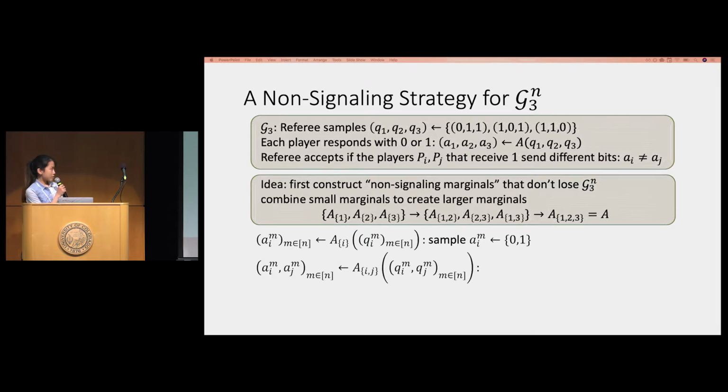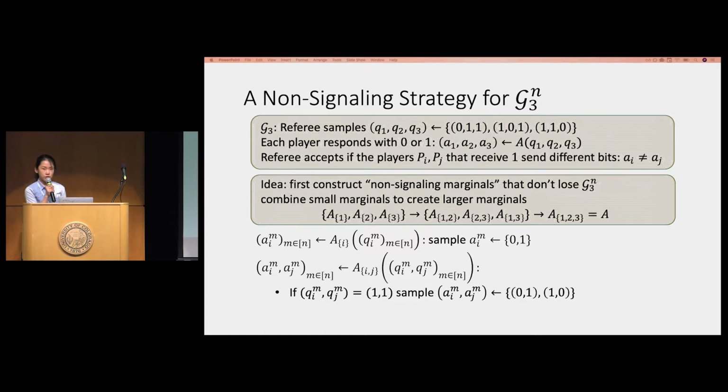And now we want to construct our size 2 marginals. So we're going to first think about the case where the mth instance of the original game is sending to the ith and jth players the bits 1 and 1. And in this case, we want to just sample answer bits that disagree, right?